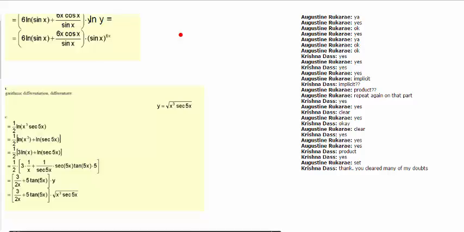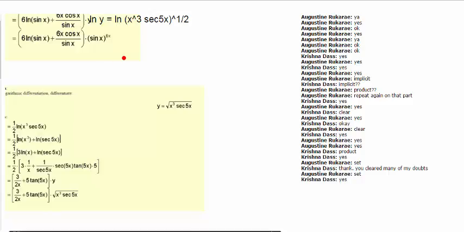So it will be ln y equals ln, and instead of root, we know that root is the same as writing to the power half. So what I can write is x to the power 3 multiplied by secant 5x. This whole thing will be to the power half. So I hope this is clear.